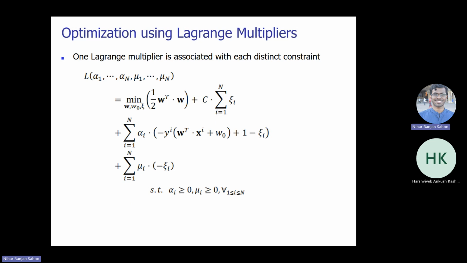Once you have converted into this format, what will be the dual? The primal formulation will be, instead of just minimizing f of x, you minimize something called the Lagrangian equation. The Lagrangian equation will be f of x plus lambda i into h of x plus beta i into L of x. So this will be the Lagrangian formulation.